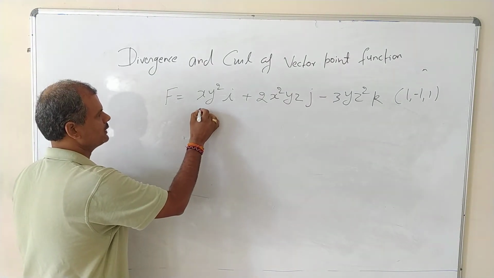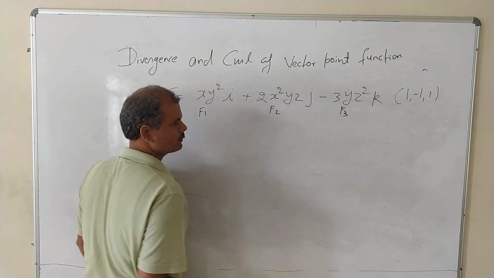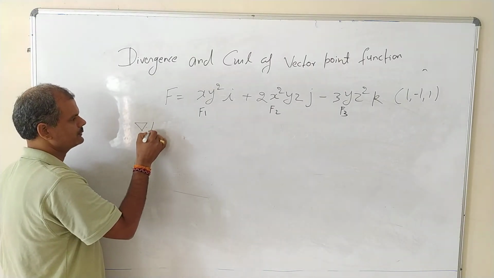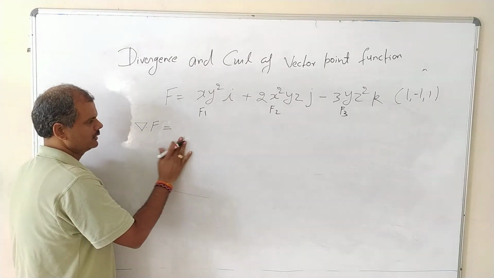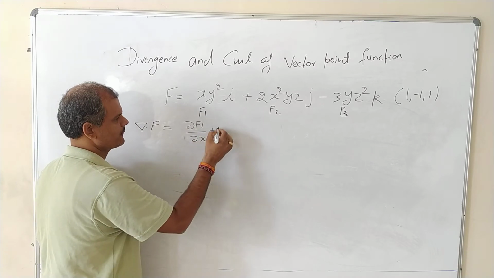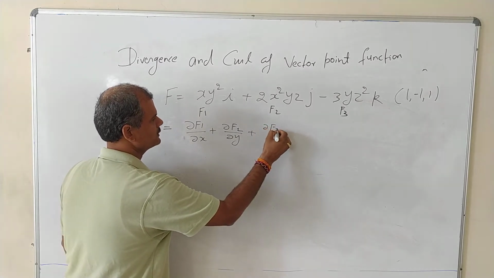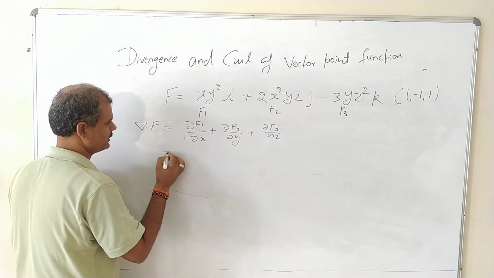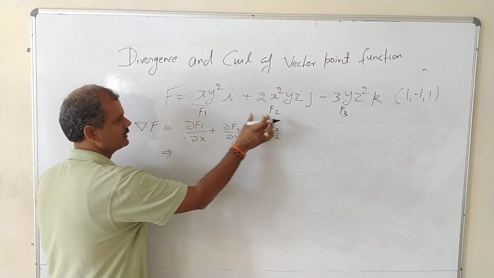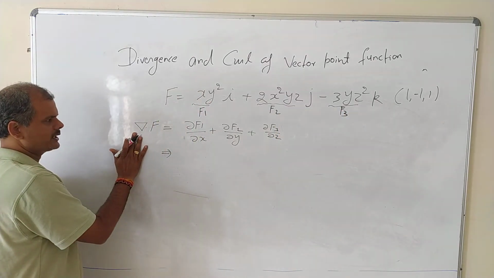So this is the f1, this is the f2, this is the f3. So f1, f2, f3 are the F components. Gradient of F will be, I am writing directly, ∂f1/∂x plus ∂f2/∂y plus ∂f3/∂z. Fine. So f1 is the coefficient of the i component, f2 is the j component, f3 is the k component. So this is a gradient, right?